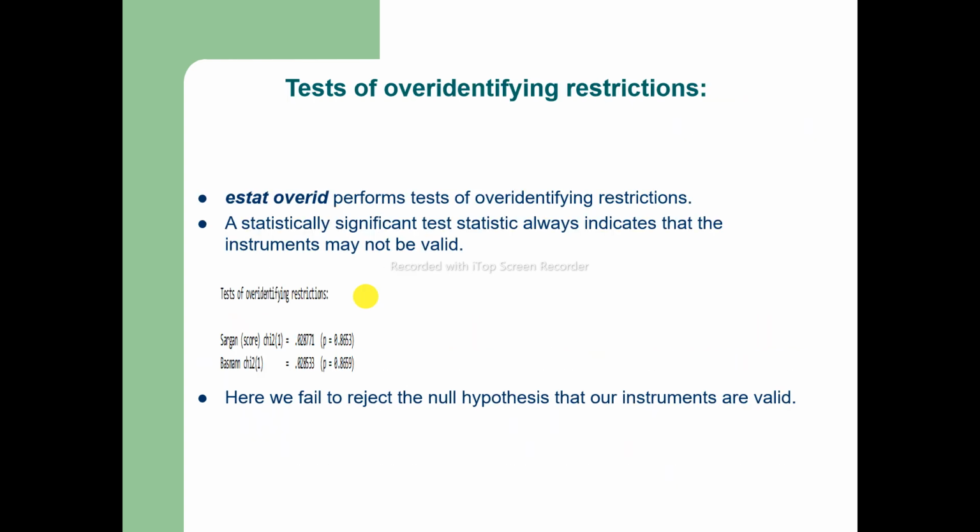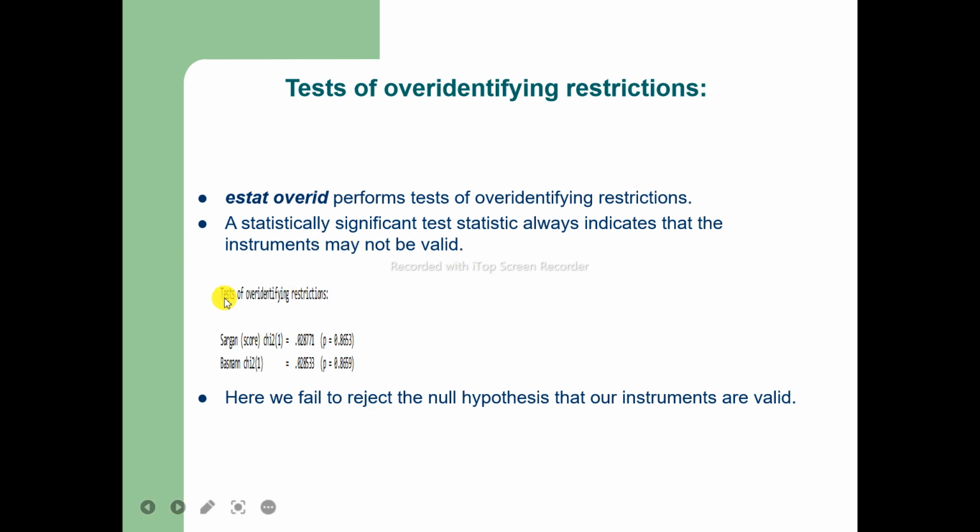The third test is that of over-identification restrictions, and for that we use the command estat overid, and it performs tests of over-identifying restrictions. If this test is statistically significant, it indicates that the instruments may not be valid.